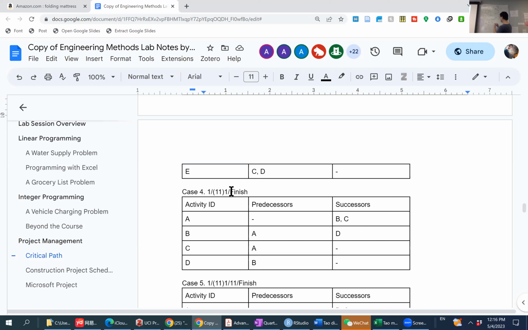According to the table, this is what appears to be the ending case. So what it needs to do is, for example, identify this as the finishing point. Or you can also, let's see.